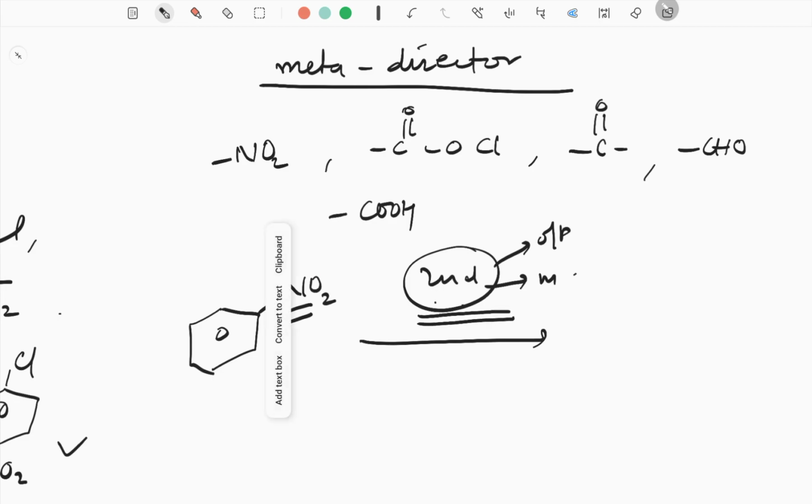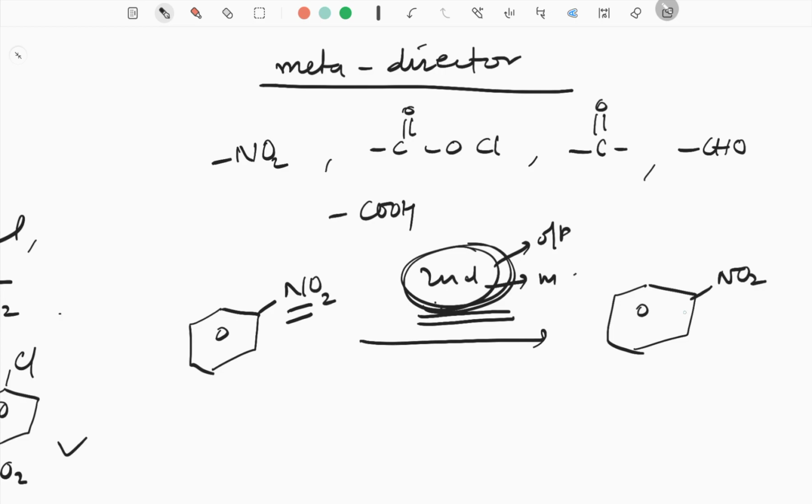Here NO2 will decide where the second substituent will be added to the substrate. So the second will be added to the meta position to NO2. Like if you add chlorine or a CO keto group, the CO will add to the meta position. This is the ortho position and this is also an ortho position. It is the para position and here is the meta position. So only one meta position here. The CO will attach here or chlorine will attach here.